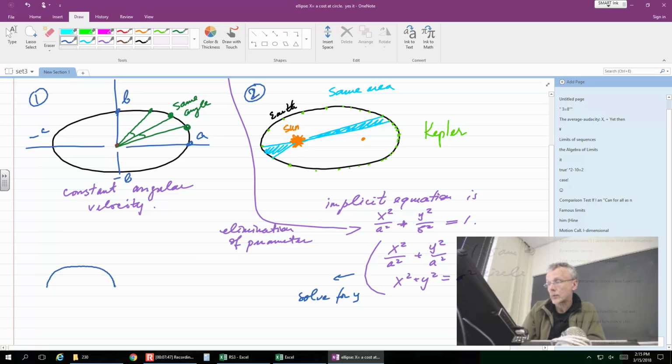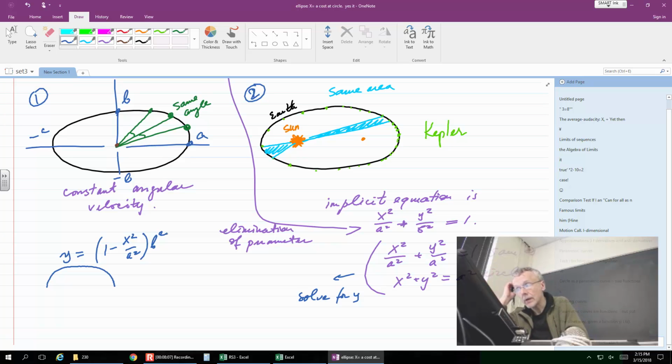So the upper half will be y equal to the square root of 1 minus x squared over a squared, multiplied by b squared. So that is my equation, an explicit equation for the upper half of my ellipse.